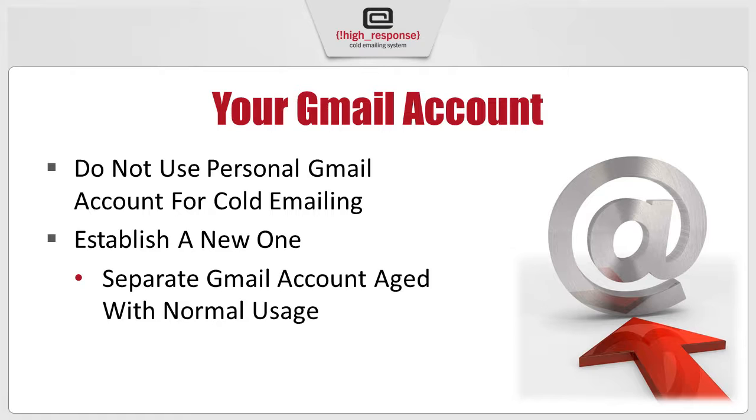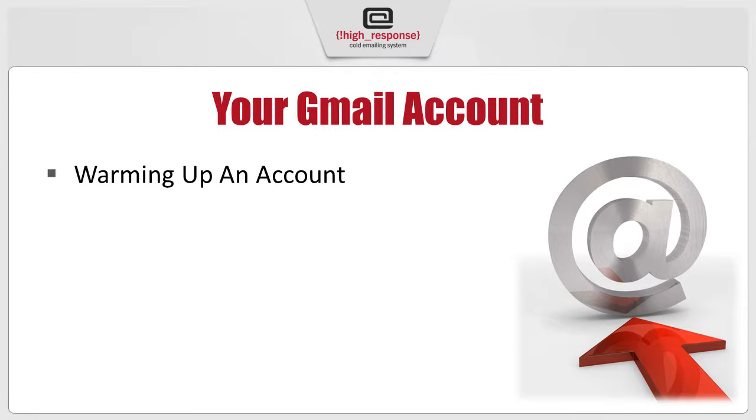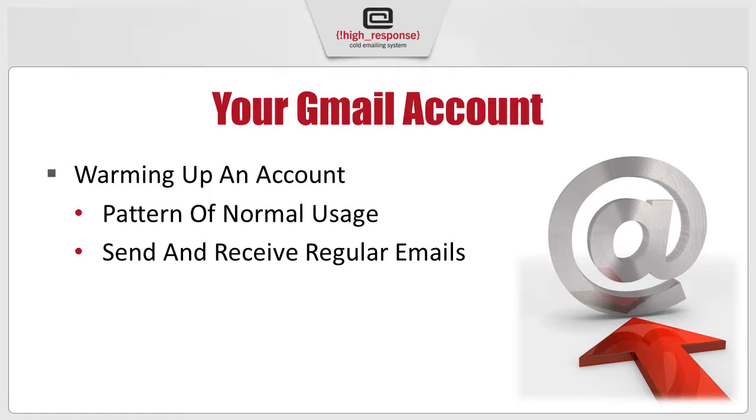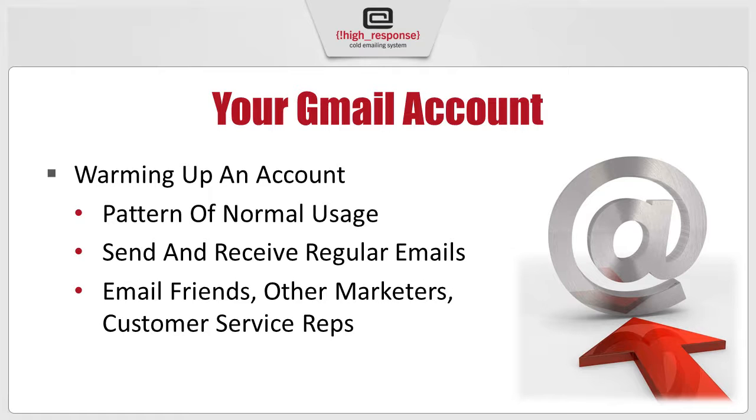Now, ideally, you should have a separate Gmail account that's been aged with normal usage. But if not, you're going to need to first warm up the account. Warming up an account means establishing a pattern of normal usage for a new account. In other words, after creating a new account, use it to send and receive regular emails as if you just started a new personal email.